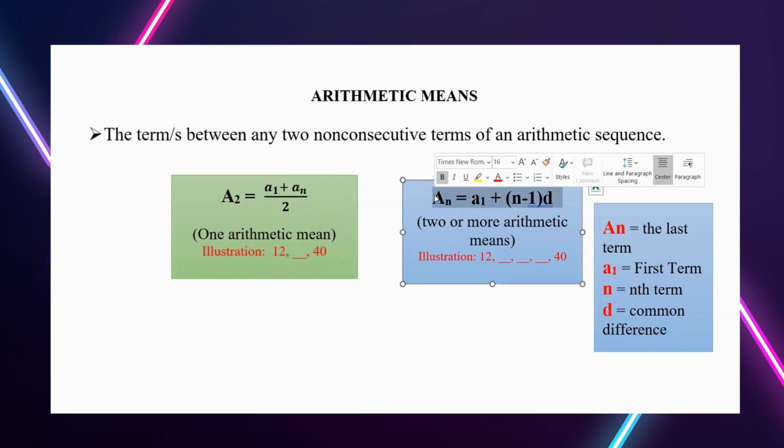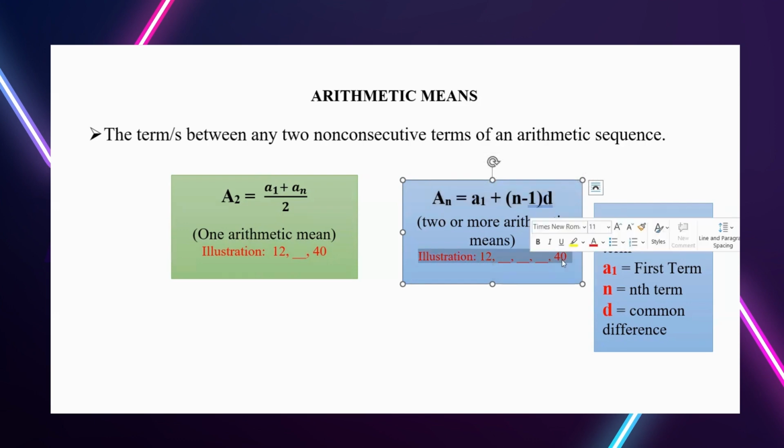Pangalawang formula naman, gagamitin natin ito kapag 2 or more arithmetic means ang hinahanap. Ang a sub n is equal to a sub 1 plus n minus 1 times d ay siya ring formula ng ating arithmetic sequence at ito rin ang gagamitin natin kung 2 or more arithmetic means ang hinahanap. Katulad na lamang ng ating illustration na nasa ibaba. 12 blank, comma, blank, comma, blank, comma, 40.